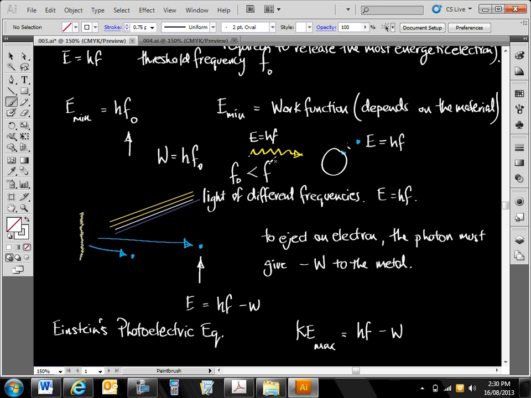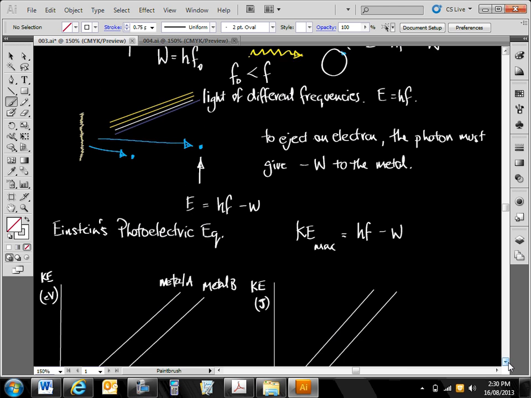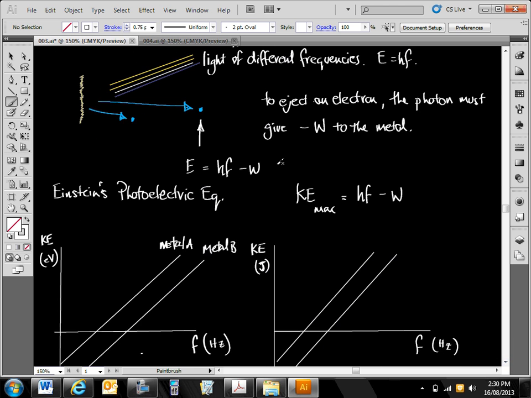It either does or it doesn't. If it's given that electron any energy at all, it's given it all of it, hf, minus the work function of that metal, whatever is required to bring that electron up to the release state, the 0 eV state. Now, I'm repeating myself a little bit because we defined this yesterday.